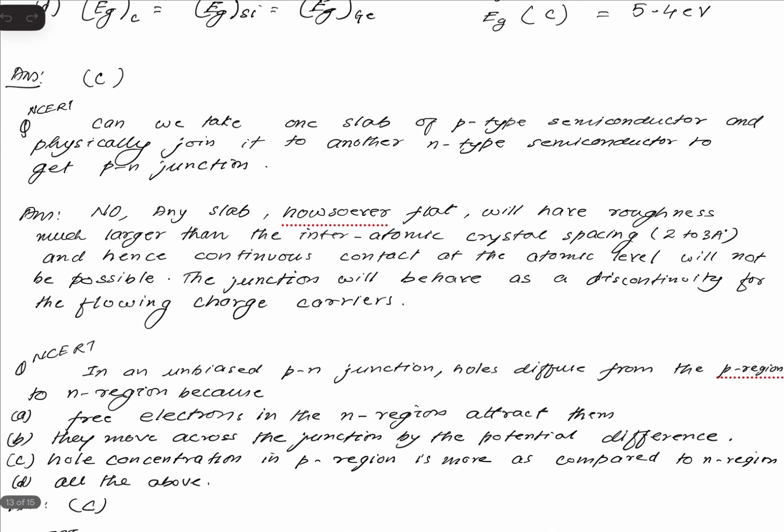Right? Now next NCERT question. Can we take one slab of p-type semiconductor and physically join it to another n-type? Answer is no. When you physically join, fine, it might look smooth, but on the atomic scale they may not be smooth. So see the explanation. However, a flat surface will have a roughness much larger than the interatomic crystal spacing.